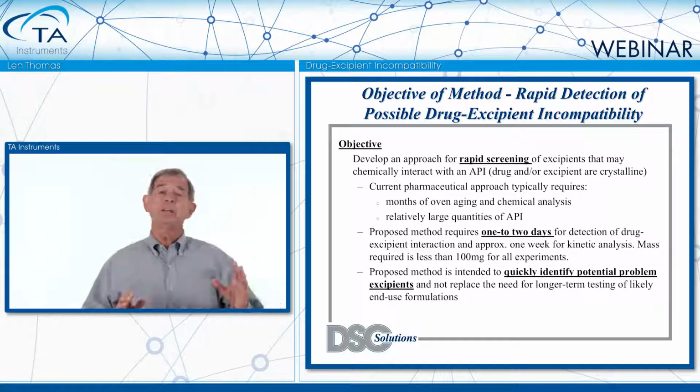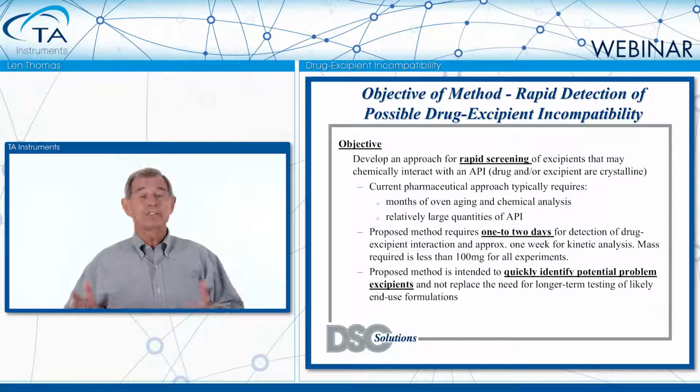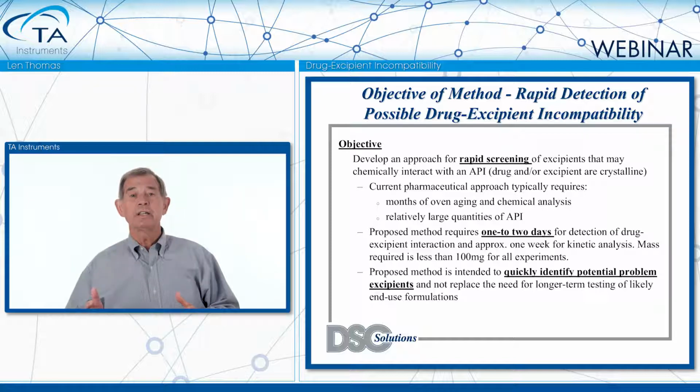As you'll also see, once we detect this interaction, we might be interested in the rate of that reaction, which helps us project onto lower temperatures and longer times, which would be important in terms of knowing what the possible shelf life of this material might be.